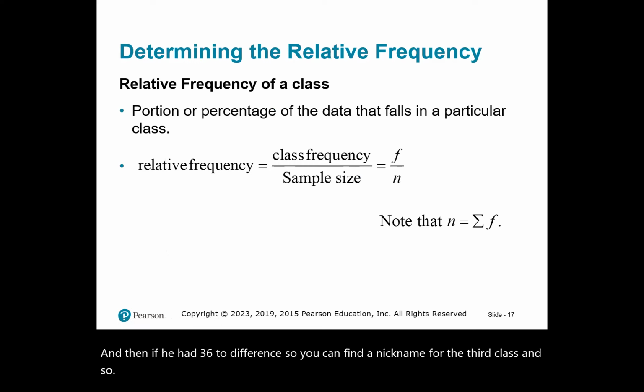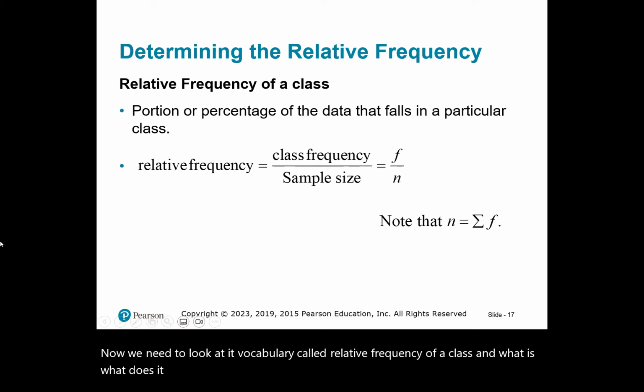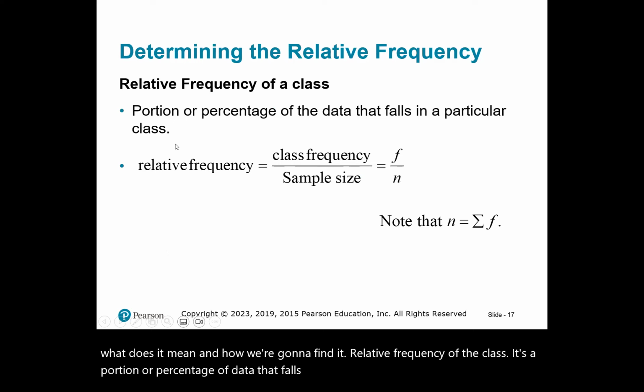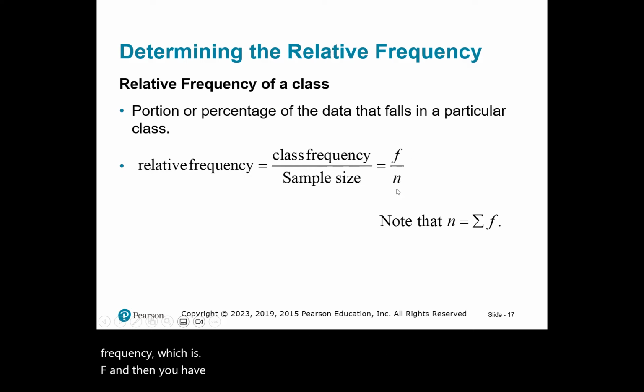Now we need to look at a vocabulary term called relative frequency of a class. What does it mean and how are we going to find it? It's a portion or percentage of data that falls in a particular class. In order to find the relative frequency, you need to find the class frequency, which is f, and then divide it by the sample size n.